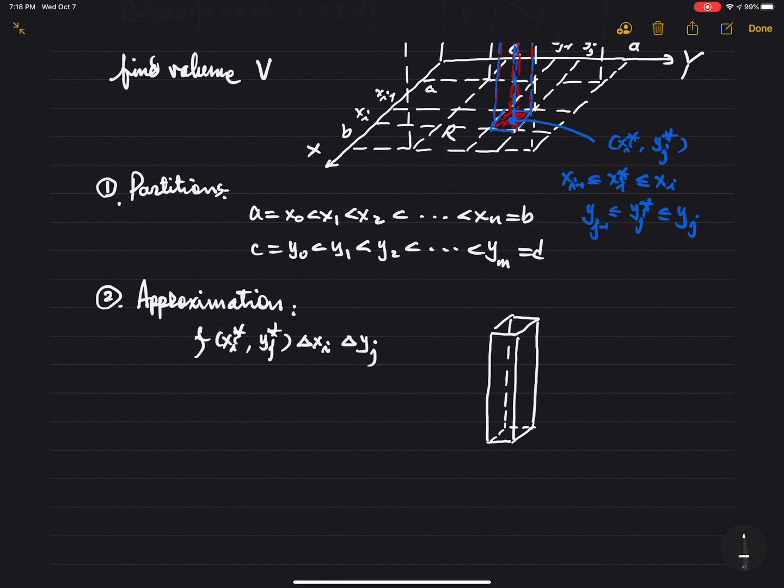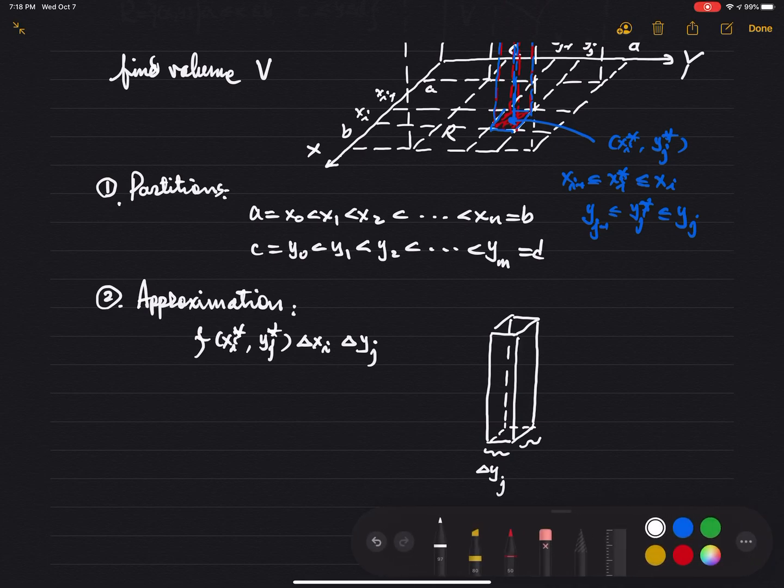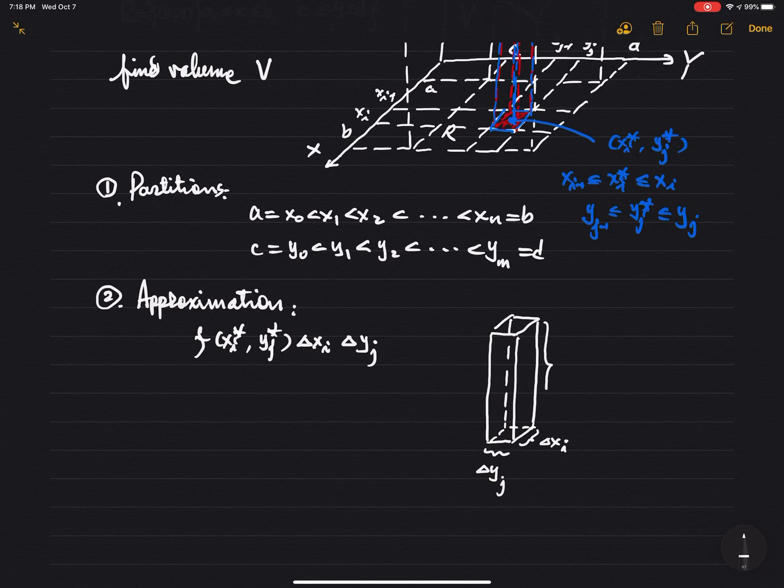Now we say this side is delta yj, and this side is delta xi. And this length is f(xi star, yj star).